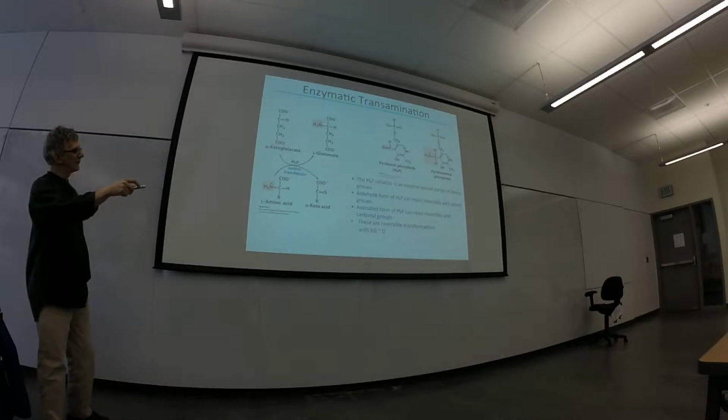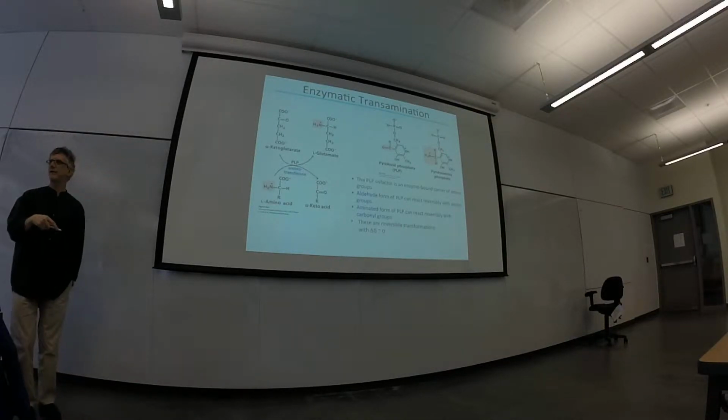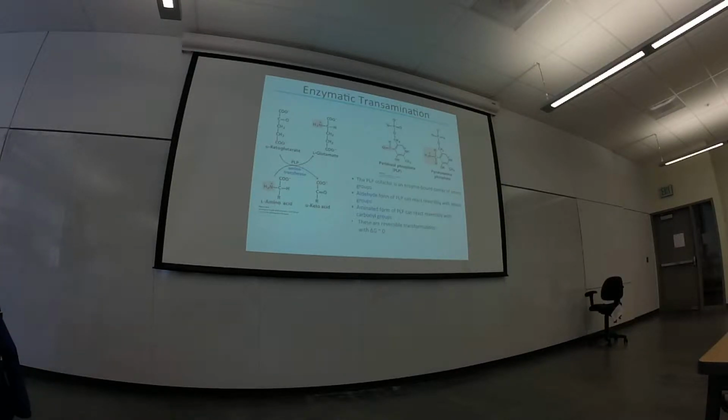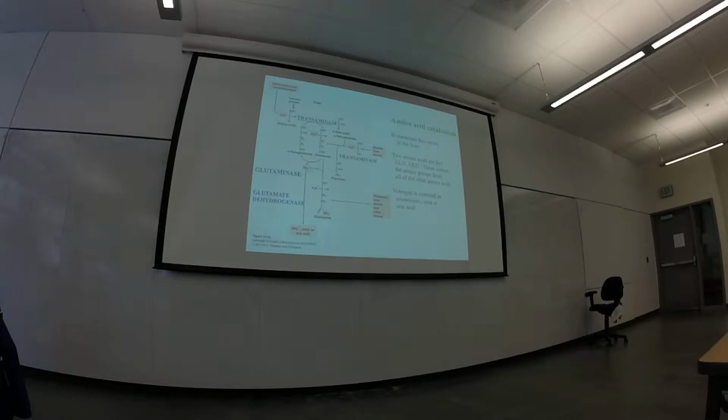And then once we have pyridoxamine phosphate still stuck on the enzyme, the alpha keto acid substrate binds and is converted to the amino acid, while this pyridoxamine is converted back to pyridoxal phosphate. So this second substrate, if this is the first one, this is the second one. This one doesn't bind until this product is released, so that's why it's ping pong. So that's the sense of the transaminase reactions.